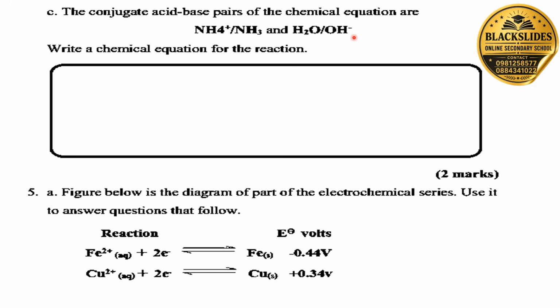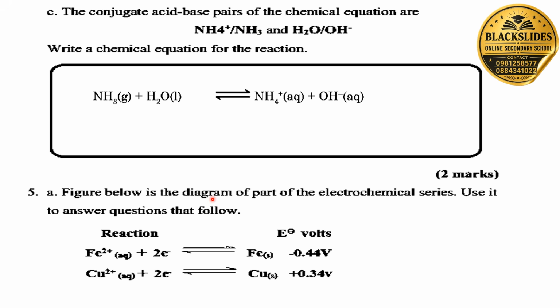So such an equation is going to look like this. Ammonia is accepting a hydrogen from water to form ammonium. So when one hydrogen is donated to ammonia, a hydroxide ion will remain. So this conforms to the conjugate acid-base pairs given up here.